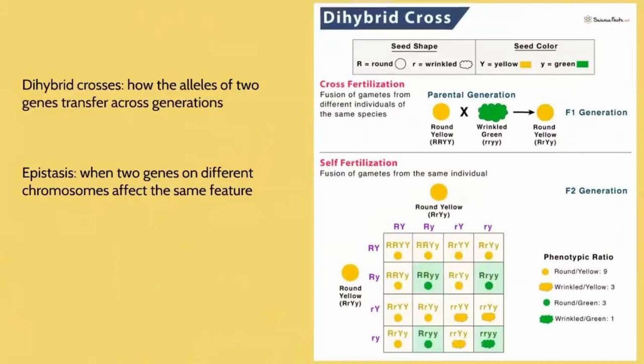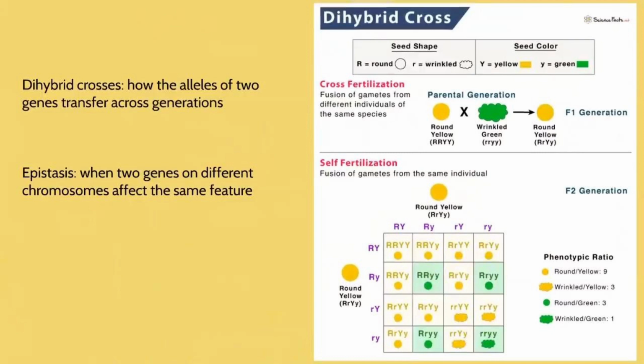We then can look, and you're going to see that there are 4 green seed offspring, and that's because they have 2 recessive y alleles, so that makes them green. We also have 4 seeds that have the wrinkled phenotype, and that's because they have 2 of the recessive r alleles for seed shape.